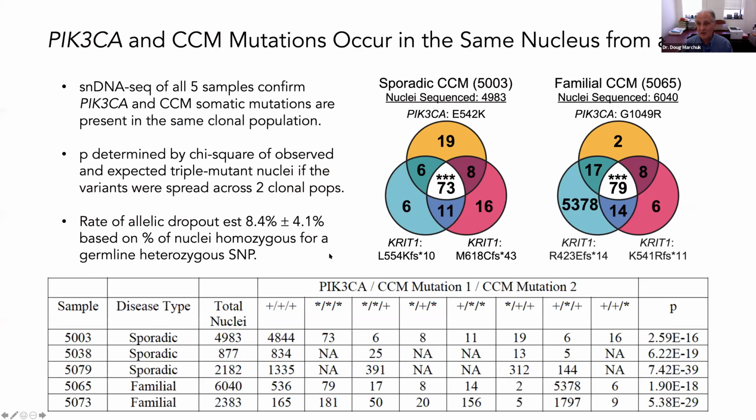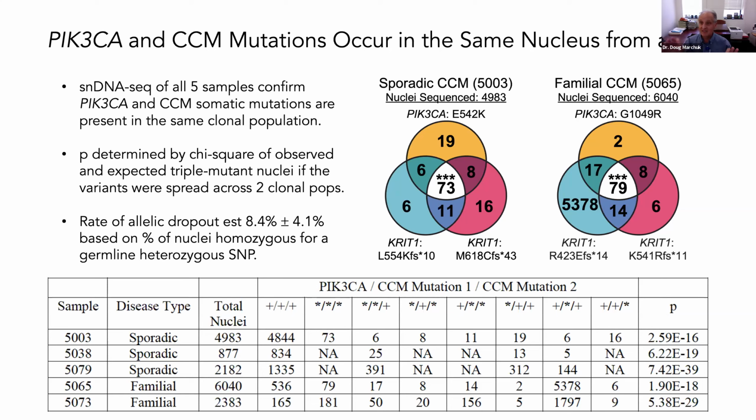And here's one of the few pictures I'm going to show from the paper. Basically what we found was that in these individual nuclei, when we sequence them, if we could find the mutation, it's always, in this case, all 3 mutations in the same nucleus. And here's a couple cases. This is highly significant. We did it on 5 samples, some from familial cases, some from sporadic cases.